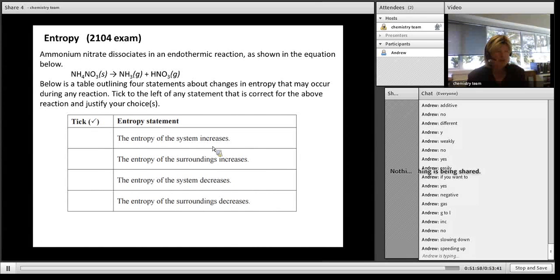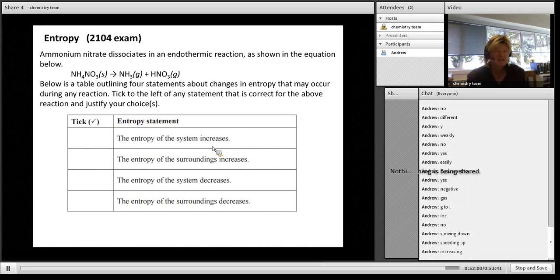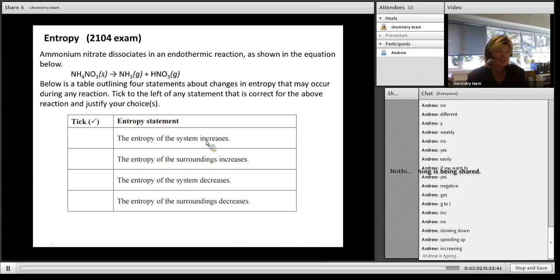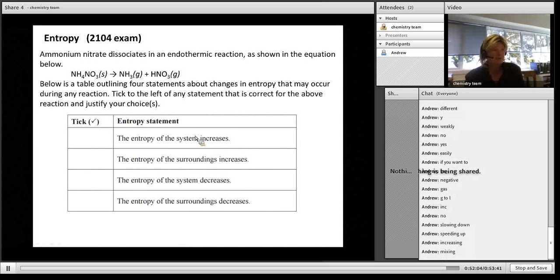Now, it's a bit of a trick question the way I've worded it. So it's getting colder and colder, so you'd think the entropy is decreasing, but it's not like a cup of coffee. I'm dissolving something. Oh, okay, they made it actually just dissociating, so they've just broken it down.